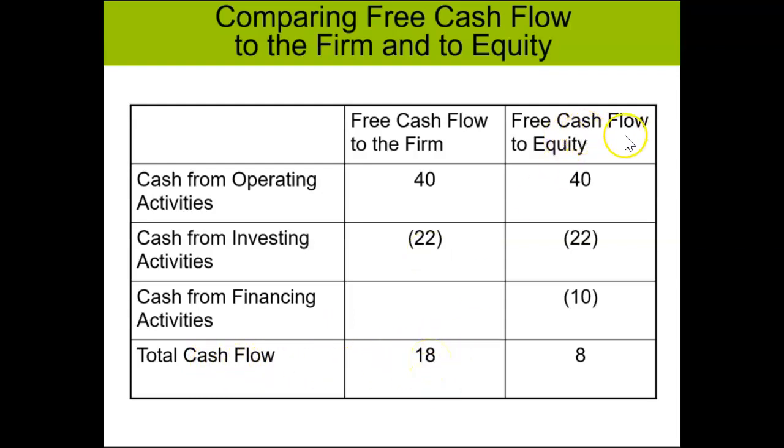In the case of free cash flow to equity, we also include the financing activities. The key point here is that the distinguishing feature between the equity and enterprise cash flow is that equity cash flow includes cash provided by or used in financing the firm's activities. Okay.